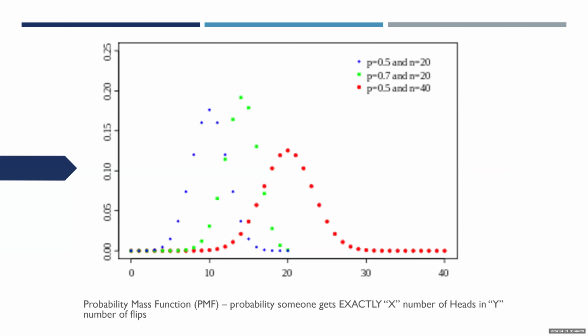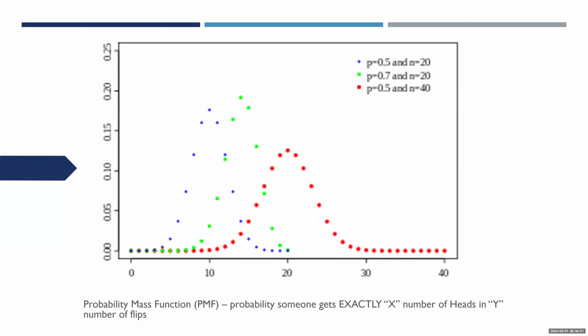And so you see in this graph here that the probability mass function for a binomial looks very much like a normal distribution. It looks like that bell curve. And so depending on how large your n is and where your probability of success is, the shape of your curve will change.